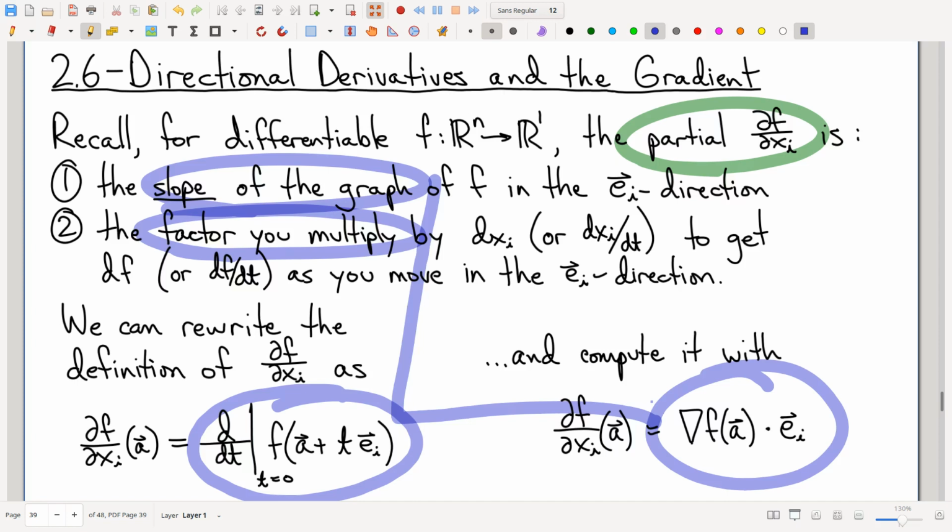Specifically, these things are all equal to each other if the direction that I'm talking about is the direction of a standard basis vector. So that's the direction in which you take the slope. It's the direction in which you have to be moving if you want to view it as a multiplicative factor. It's the direction here in this rate of change of f. It's the direction that you dot with the gradient there. Okay. So these 4 things are all equal to each other if you're moving in that direction.